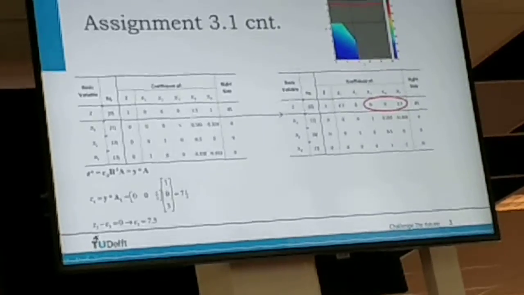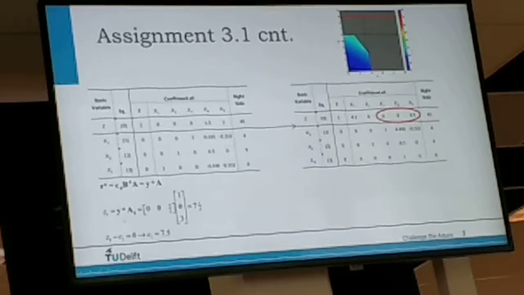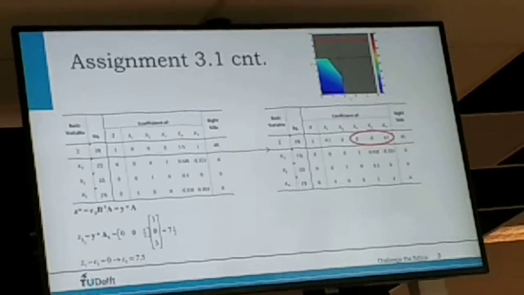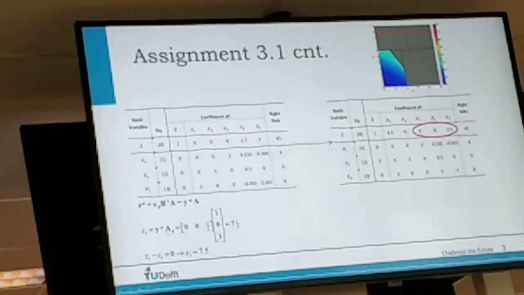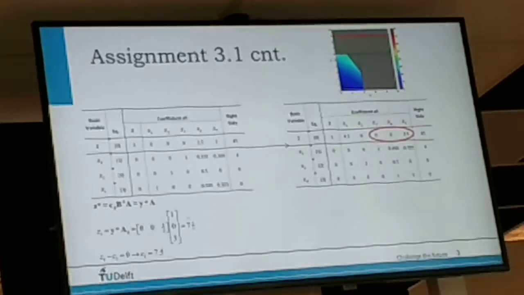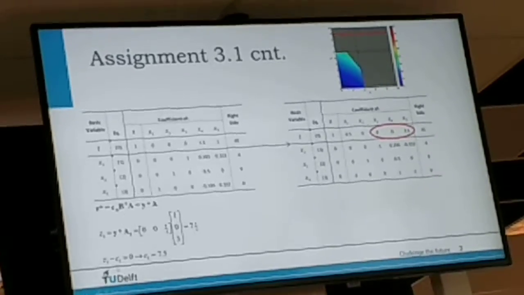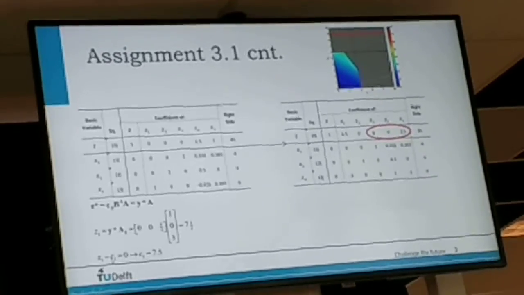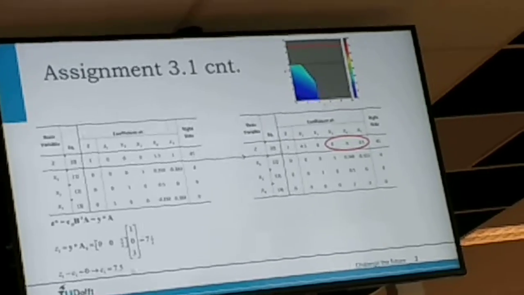If we look at z star, then we can simply recalculate the z for 1, which is what it has to become. So if we do y star times a, we can calculate it as 7.5. We know that z1 minus c1 has to be equal to 0 for it to become basic, so that has to be higher than 0, and that will happen for c1 of 7.5.